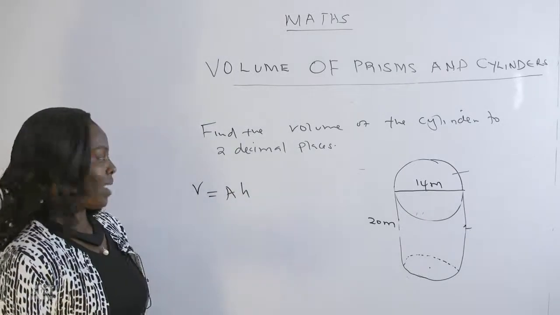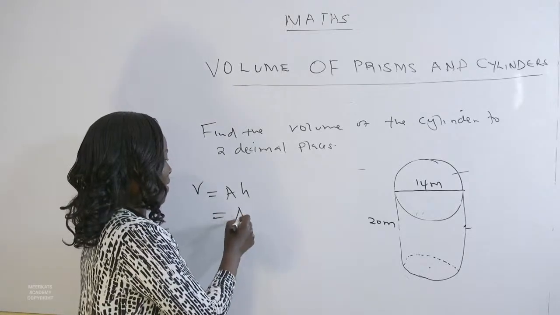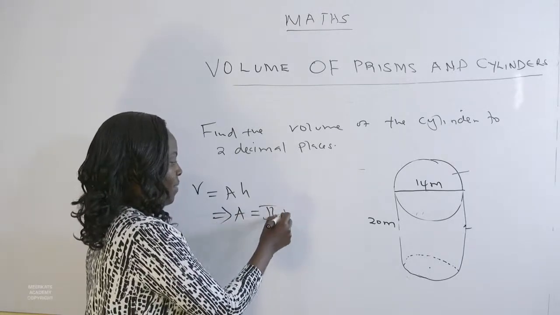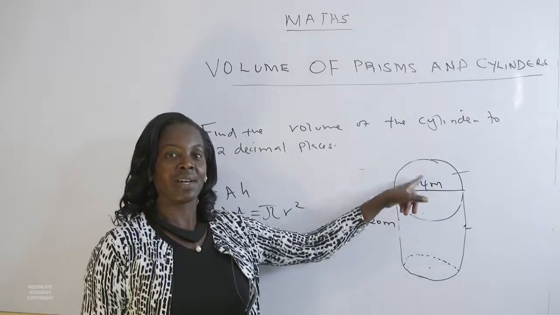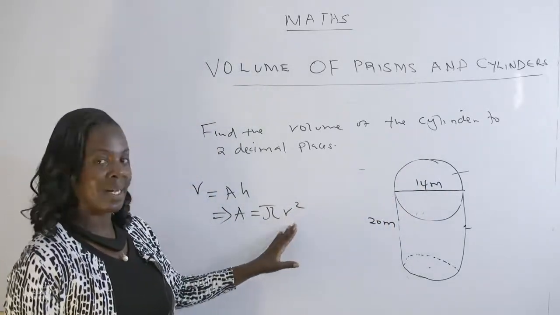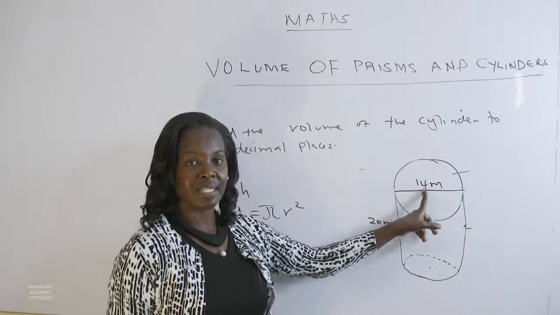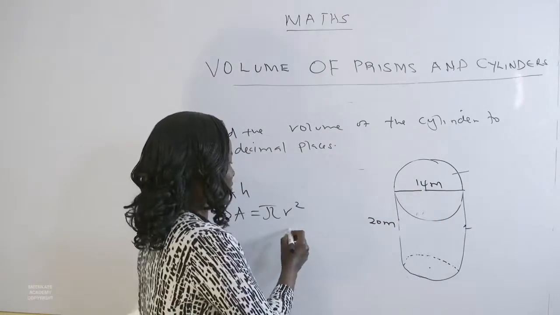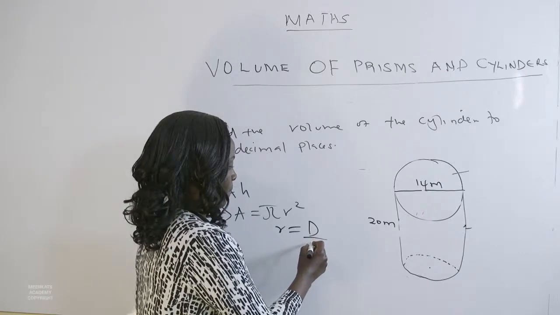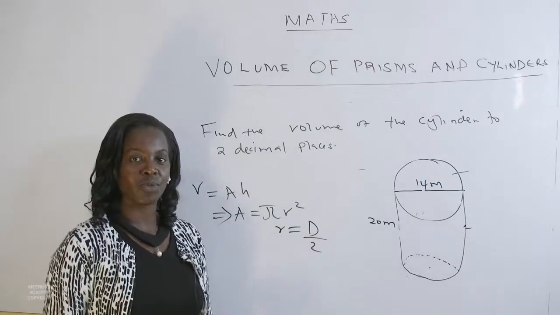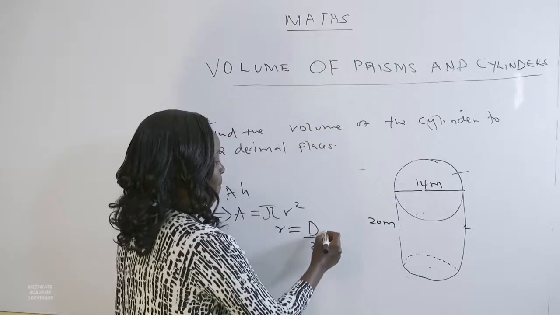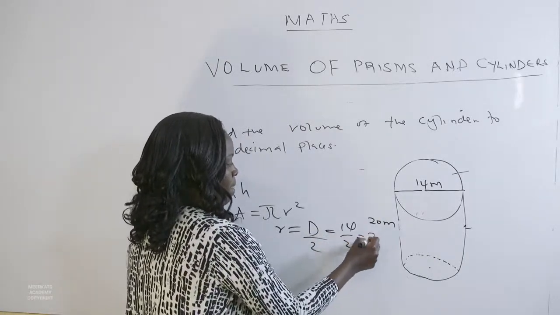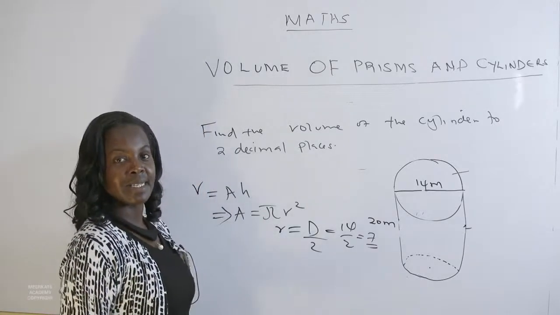Again, we are looking for the area of the circle, which is pi r squared. We have 14 being the diameter. If you can remember, we said radius is equal to diameter divided by 2. So diameter, we have 14. Our radius is 7.